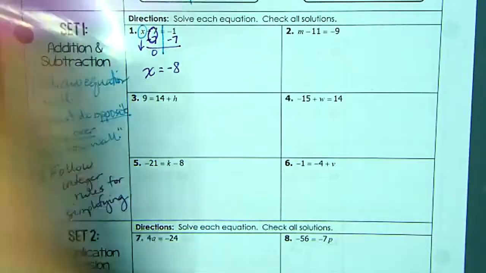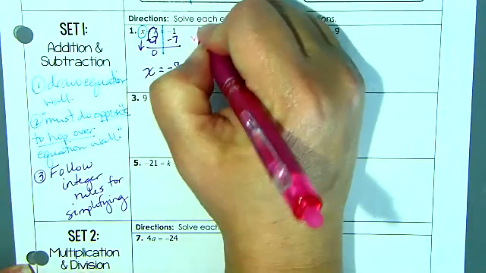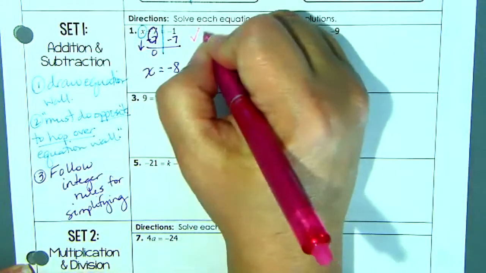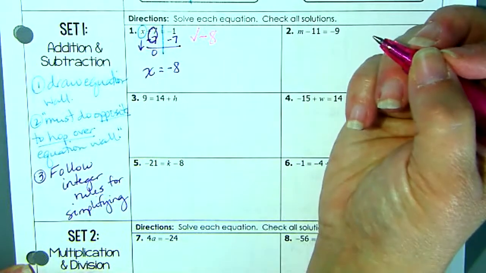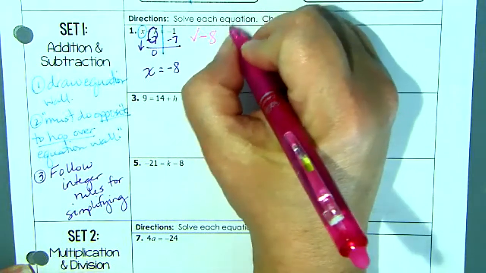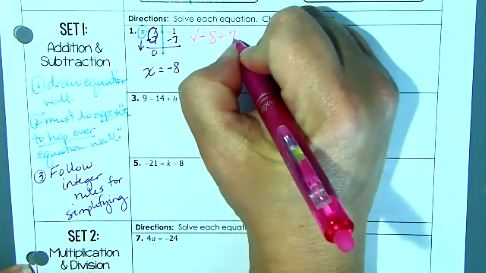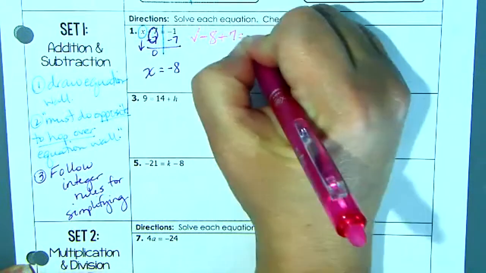Now we're going to check it to make sure that it's correct. And I plug it back in. So I'm going to have -8 plus 7 equals -1.